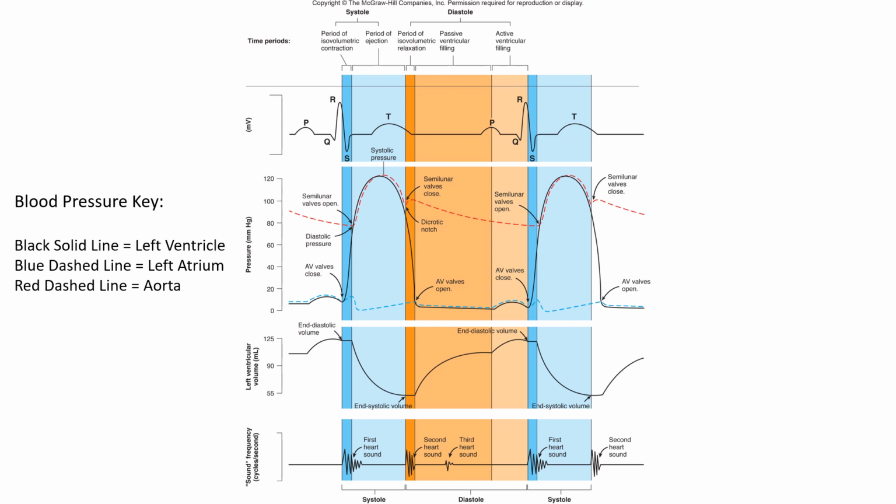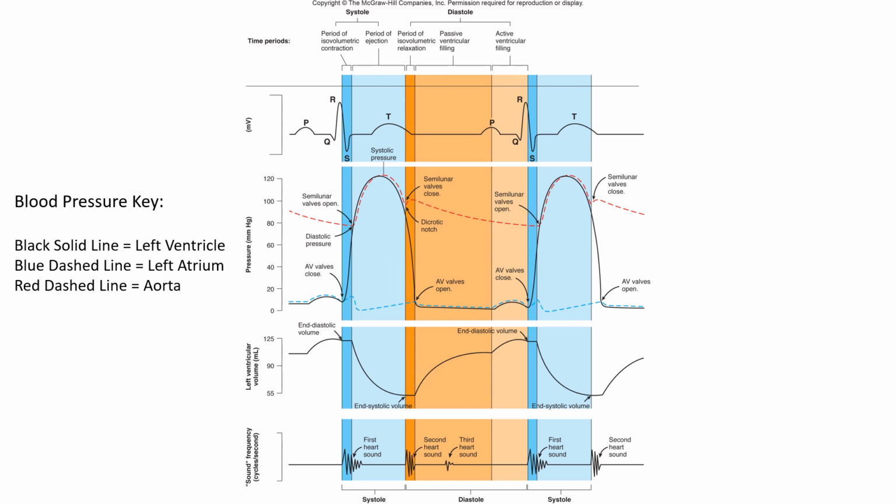The semilunar valves open and blood starts to flow into the aorta. Pressure within the ventricle and the aorta are pretty much the same at this very brief period of time while blood is flowing from one to the other. The semilunar valves are open.